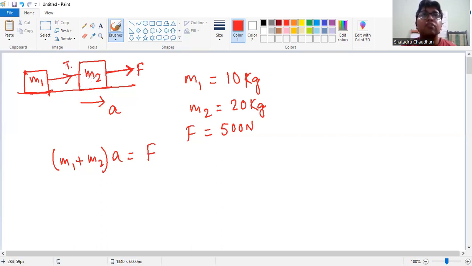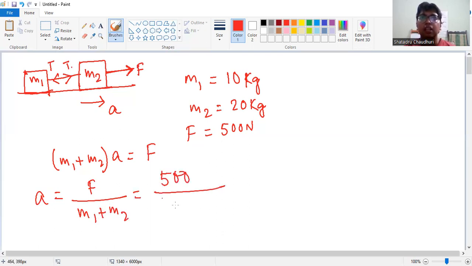अभी जब ये इस तरफ move कर रहा है, तो at the same time M1 is also pulling M2, because there is always an equal and opposite reaction. So M1 is pulling M2 with a tension force T. So in this case, both the T's are getting balanced or cancelled out. As a result, because the T's are in opposite directions, we can write (M1 plus M2) into A equals F. So A will be F by (M1 plus M2), that is 500 by (10 plus 20).